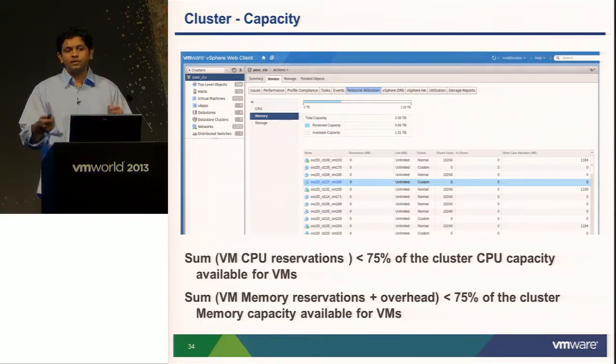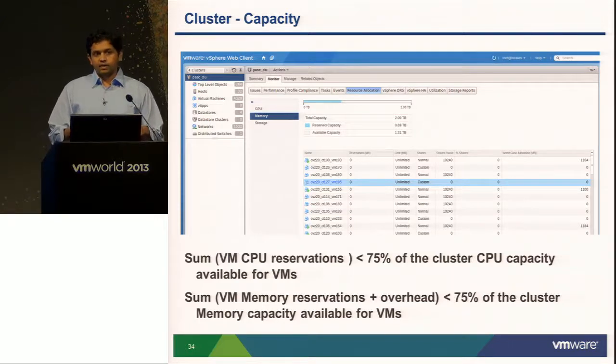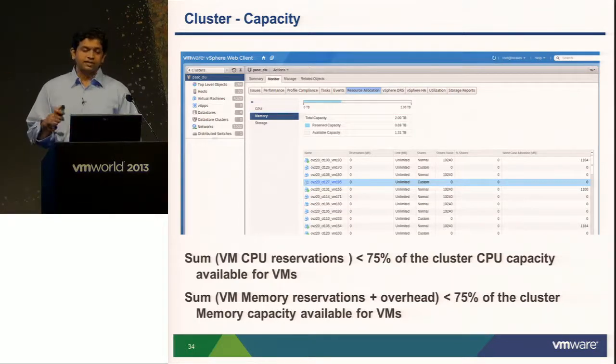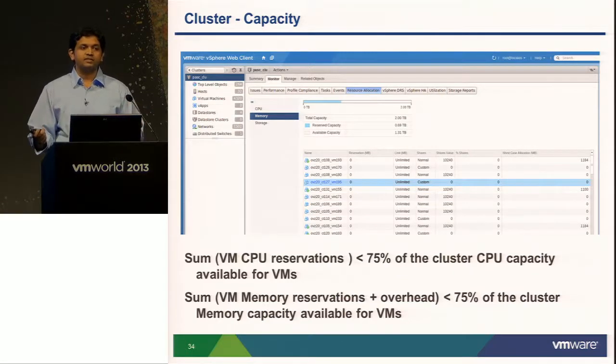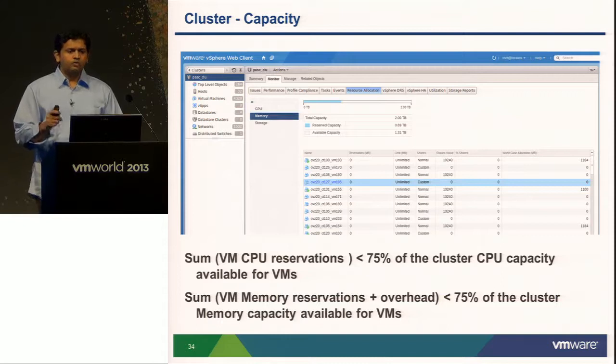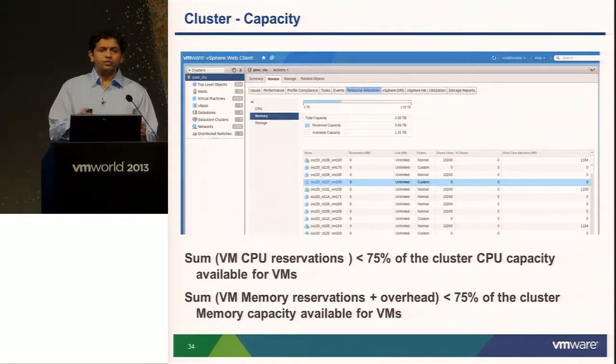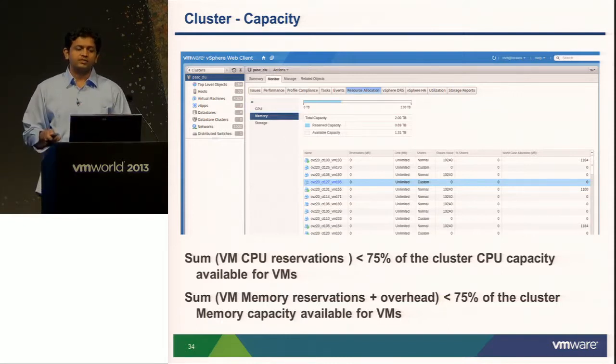It needs it temporarily. And overhead is also considered as reservation, and some VMs might want to grow their overhead. And if there is no unreserved capacity left in the cluster, then the VMs cannot grow their overhead at all, and that might have some performance penalty. So it's actually very important to make sure that you don't over-reserve the cluster.